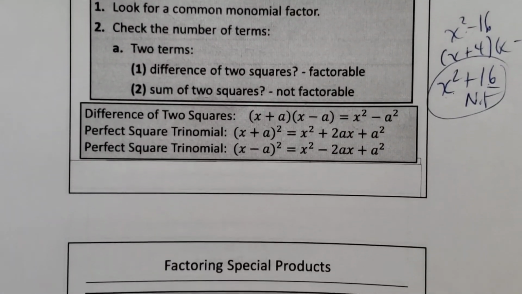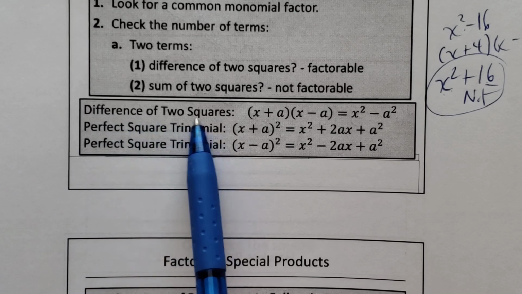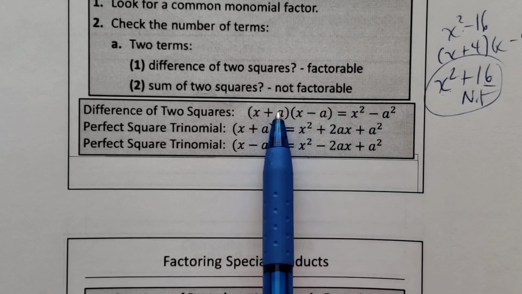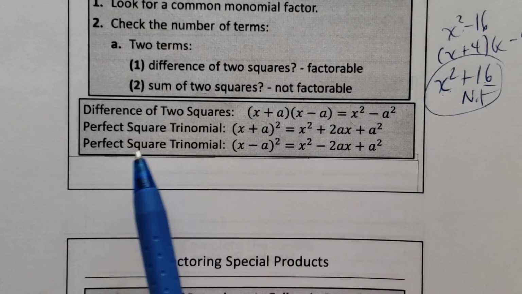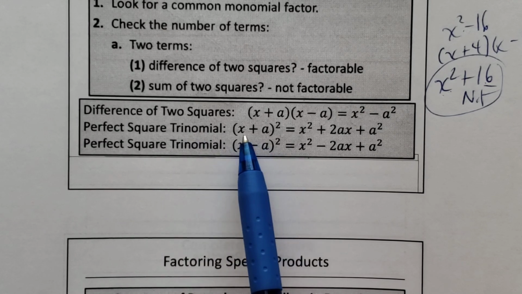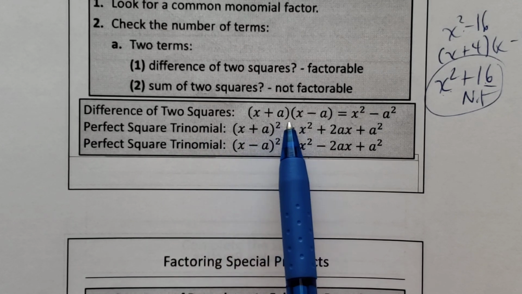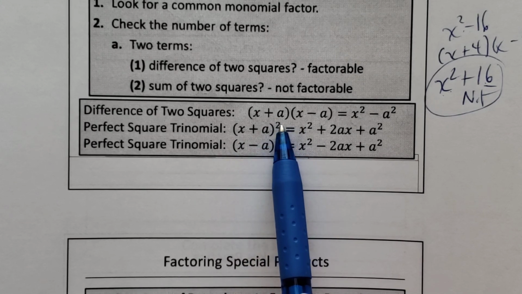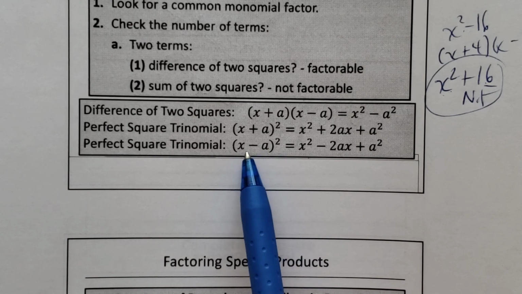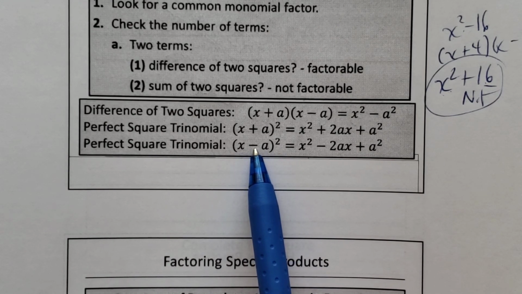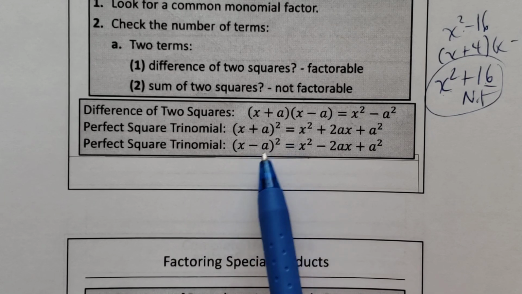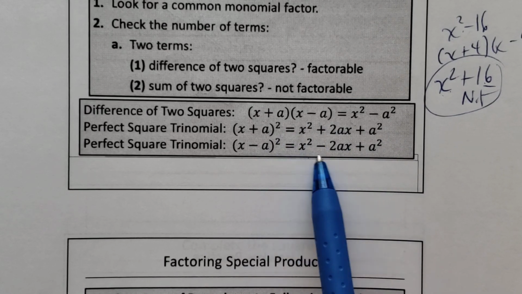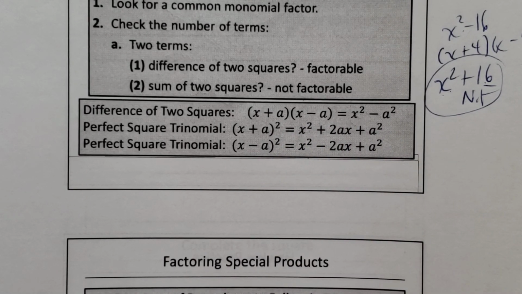Now, the other thing we're going to look at is the difference of two squares. Oh, sorry, that's what this is right here. Now, if you have a perfect square trinomial, for example, if you have x plus 5 squared, the whole thing squared, or x plus 2 squared, or x plus 3 squared, or a perfect square trinomial that has a subtraction sign between them, so x minus 4 squared, x minus 3 squared, it's always going to come out in this same pattern, okay?